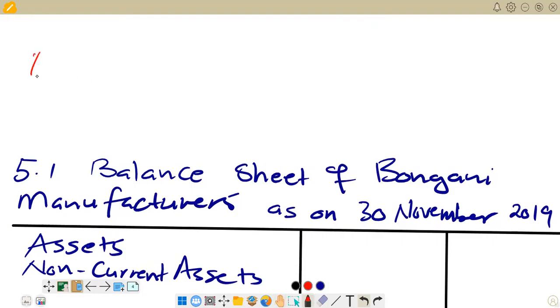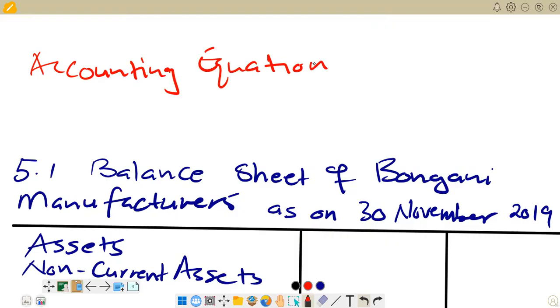It is very important to know this accounting equation, as it describes the balance sheet. It says total assets equal total liabilities plus equity.